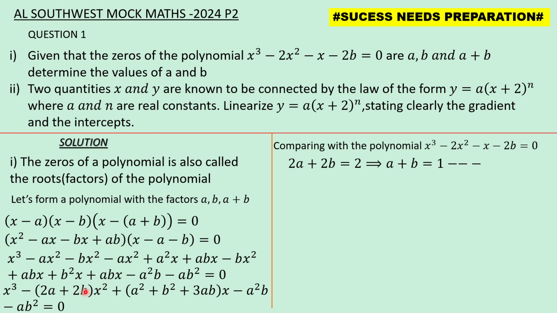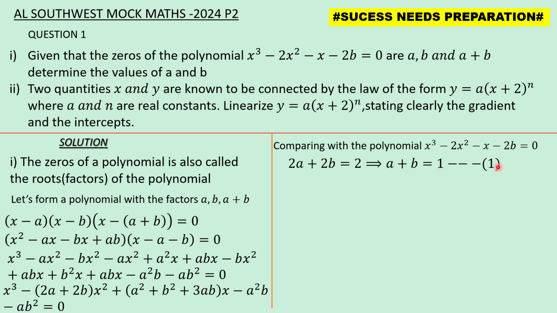The coefficients of x cubed are 1 and 1, so it is okay. Equating the coefficients of x squared, we have 2a plus 2b equals 2. I am not equating the negative because the negatives cancel. Then this implies that a plus b equals 1.